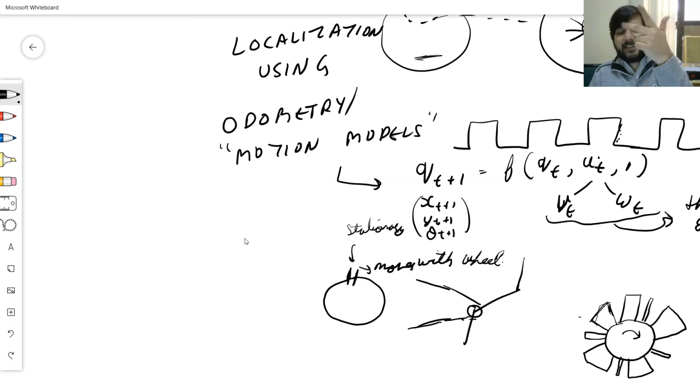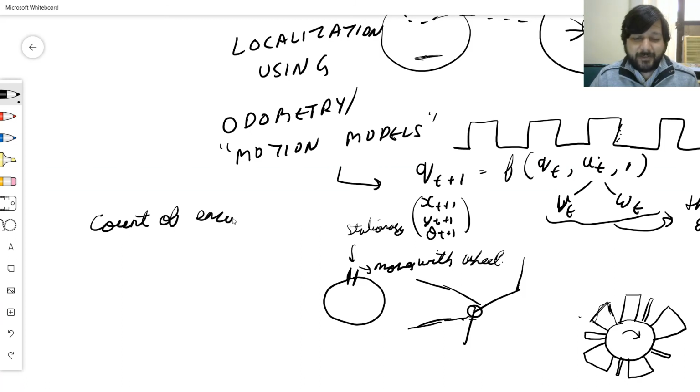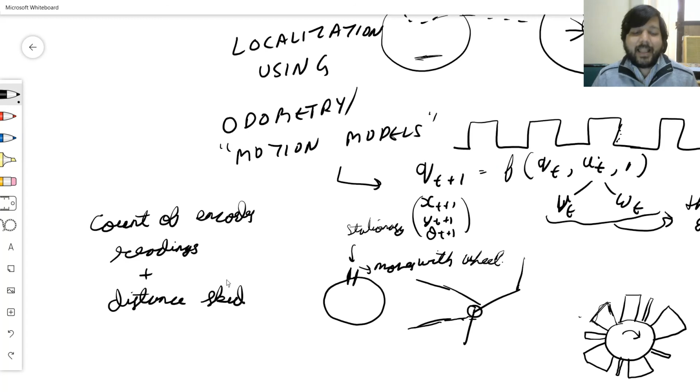I'm counting 6, 7, 8. The robot skids a little more, I've got some more error. So my position is the count of encoder readings plus distance skid. And this only increases with time.